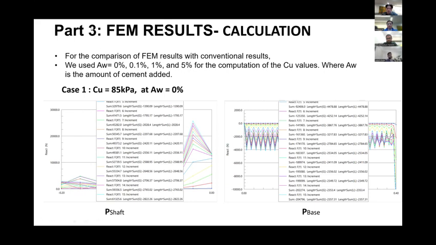The CU value for the case 1 is 85 kilopascal, and the P shaft is gathered from the FEM results, which is located at the site of the vertical sides of the footing, and the P base is calculated and gathered from the footing down below, and the nodal reaction of Fy is collected. So in that way, we will be able to gather the P base and the P shaft value. Next, please.